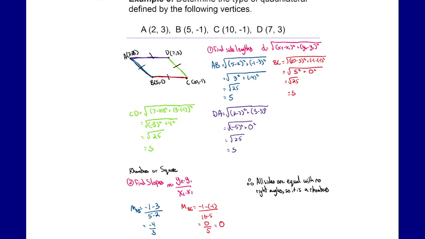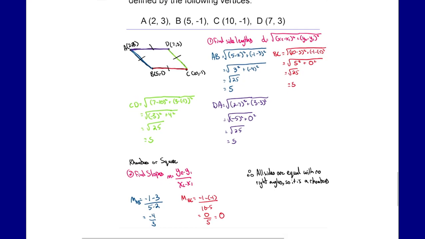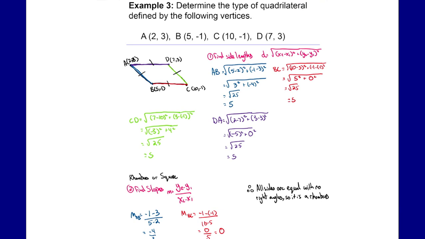We're getting comfortable using those formulas to verify certain properties. So make sure you're comfortable with those formulas, because that's where everything starts. Make sure you can find the side length, calculate slope, and midpoints if necessary, to help prove these properties.